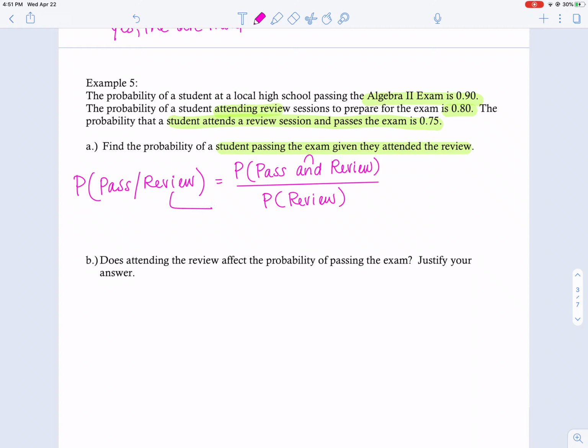Remember, that's always in your denominator, that second one, after the given. So what's the probability that they attend the review and they pass? 0.75. And what's the probability that they just attended the review? That's 0.80. If I divide 0.75 by 0.80, I get 0.9375. So there's your probability that a student passes given they attended, almost 94%.